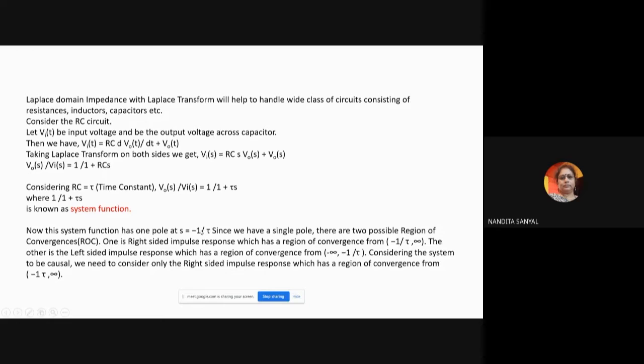Now this system has one pole at s equal to minus 1 by tau, and it has two possible regions of convergence: one from minus 1 by tau to infinity, and another from minus infinity to minus 1 by tau.